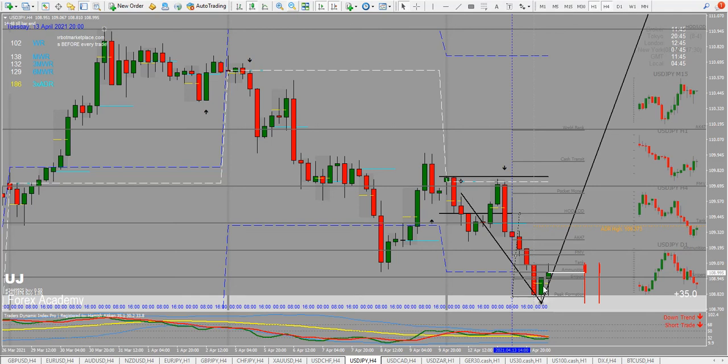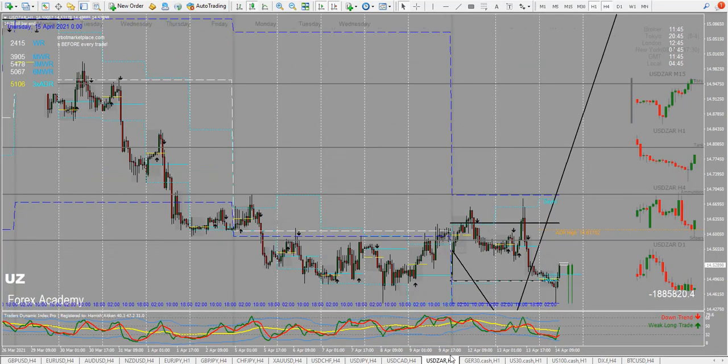That's the zone that I was expecting the market to come and test, and that's why I took that trade, guys.